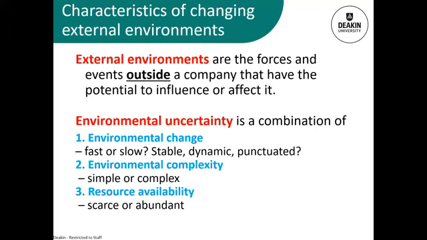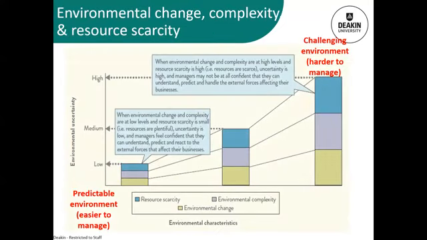The thing here is to be aware of the effect of what's happening outside the organisation. It's very important for those who are managing inside the organisations and the types of decisions that they've got to make. And just to showcase this in another way, in this table you can see on the left, on the y-axis, the environmental uncertainty.